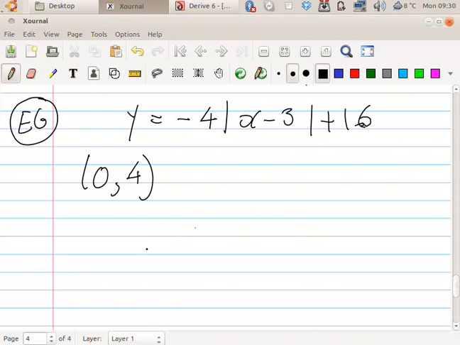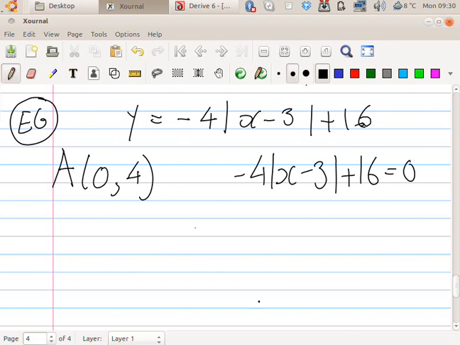Okay, now the trickier one is to find the x-intercepts. What do I do for that? So I'll call this point A. Okay, how do I find the x-intercepts? You make y equal to 0, don't you? Now, we've just seen how to solve this.